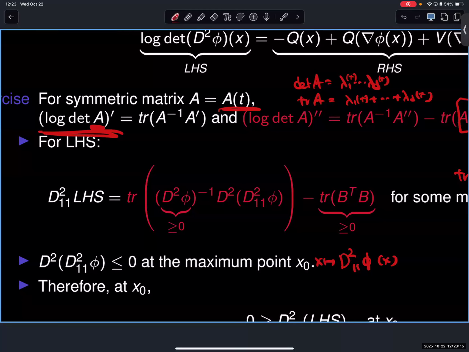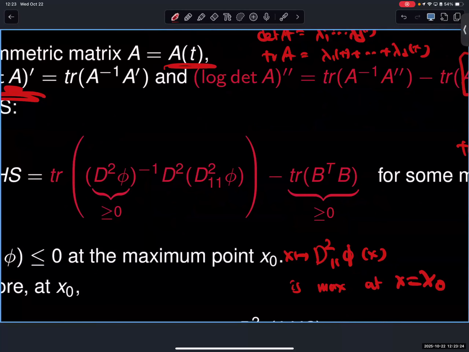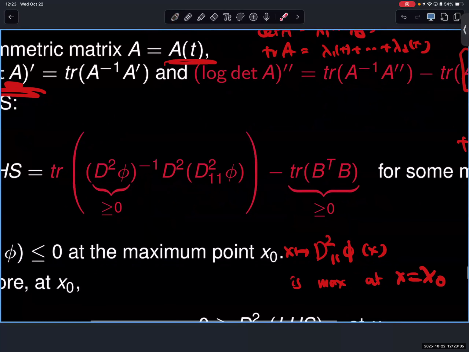As a function of x, this one is maximum at x equals x0, right? That's what our assumption was about this x0. X0 is the maximum point, and direction 1 is the direction which gives the maximum second derivative at x0. So this is maximized at x0.